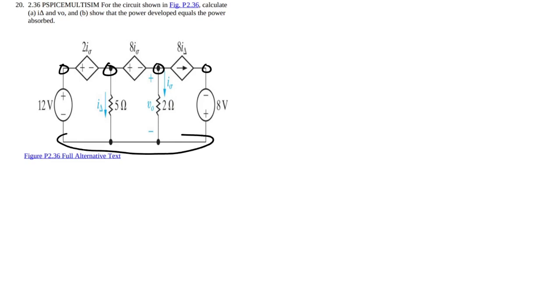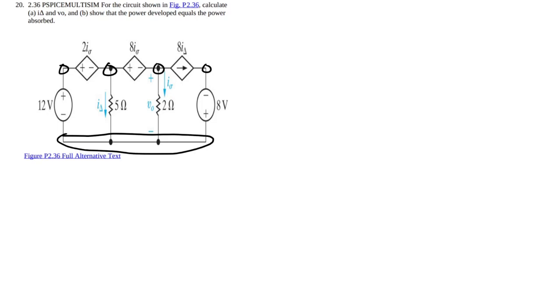I'm not going to worry about necessarily a ground reference here. We can, but it won't necessarily make it easier. Because these voltages will change with the currents, it's not automatically going to make this 12 volts or make this minus 8 volts if we set this bottom one to be 0.